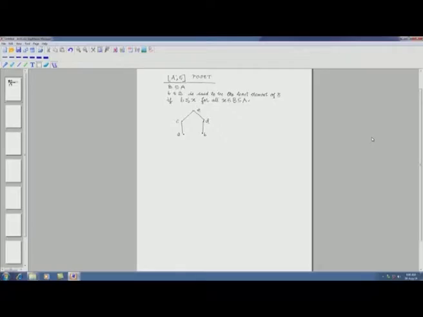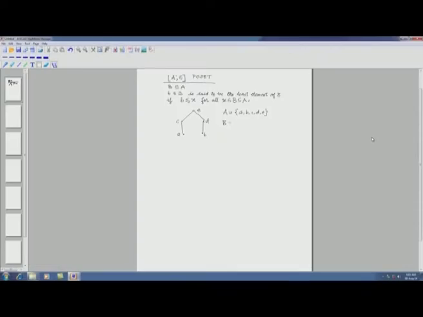Now, suppose this A, B, C, D, E is the set A, and suppose the partial order is given by this Hasse diagram.